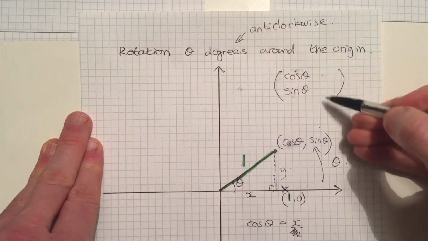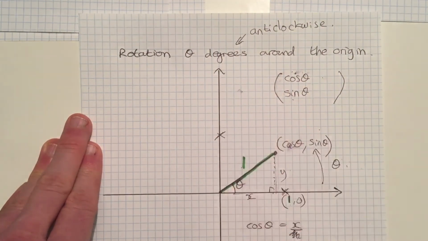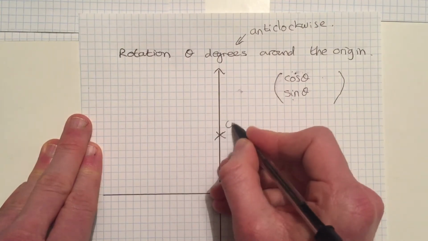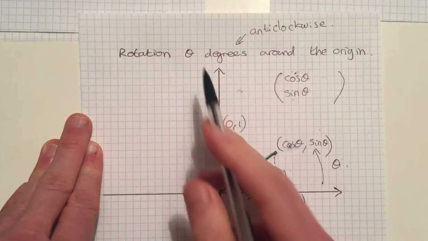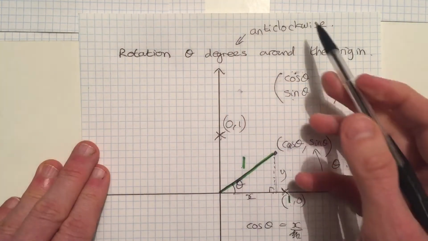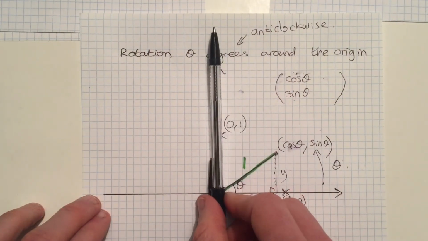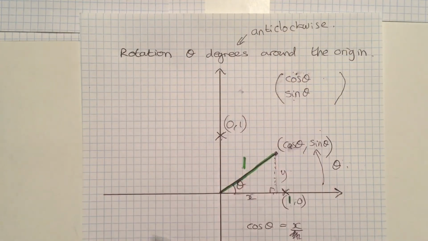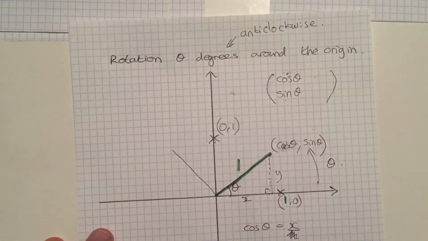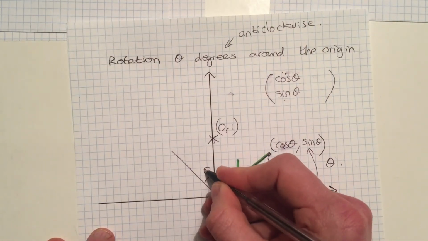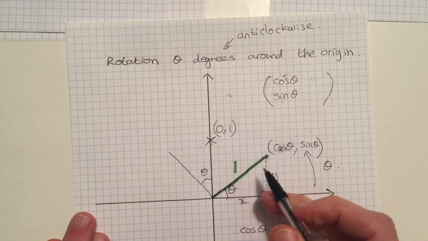Right, now to work out B and D. Remember, they come from working out the image of the coordinate 0, 1. So what would happen to this point under a rotation of theta degrees around the origin, anti-clockwise? Just in the same way as this moved to here, this is going to move to be like that, where again that will be theta degrees. And we can use exactly the same logic as what I did here.